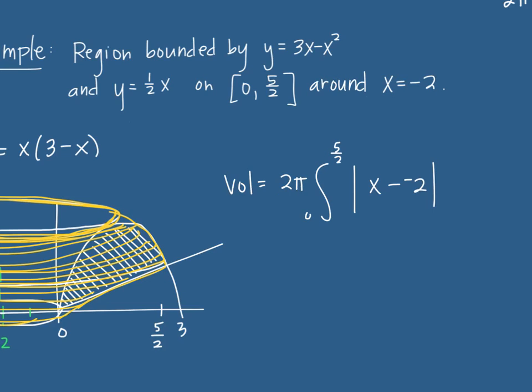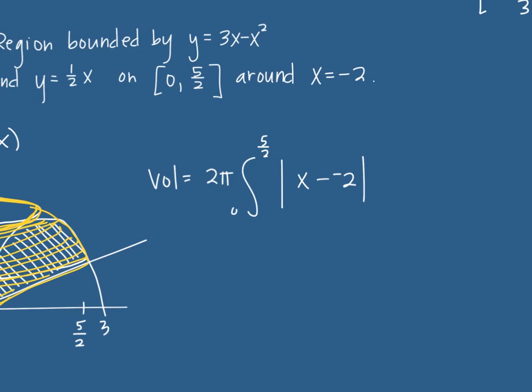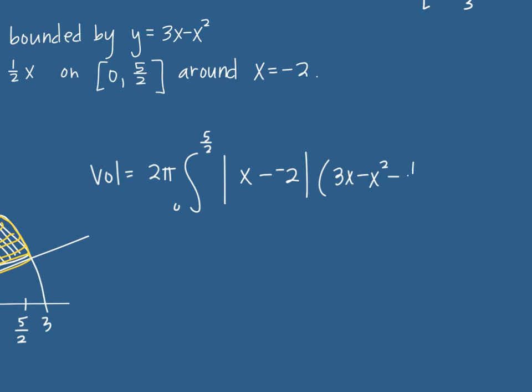My height is always going to follow the upper curve of the original region minus the lower curve. So the upper curve was 3x minus x squared, the parabola, minus the lower curve, which was 1/2 x, dx.